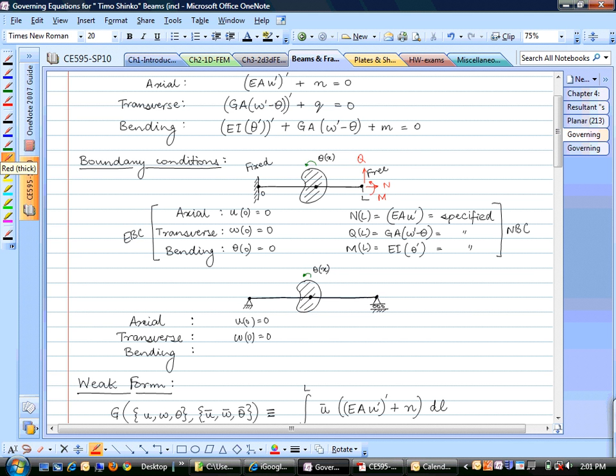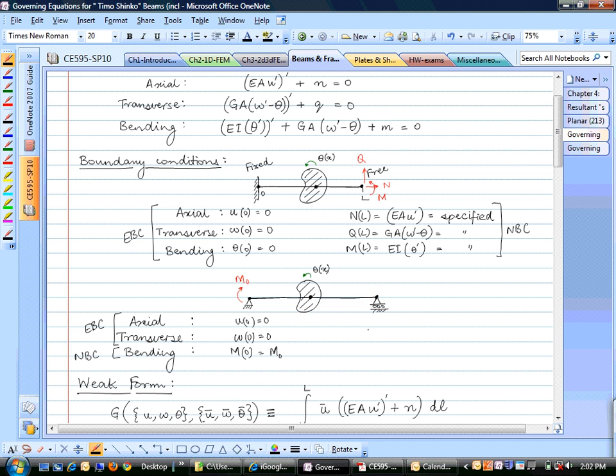So let's say there is this applied moment M0. Therefore, the condition would be M at 0 is M0. And these two would be essential boundary conditions. This would be a natural boundary condition. If there is no applied moment at the end, this M0 would be 0. That's what we normally have in our analyses.